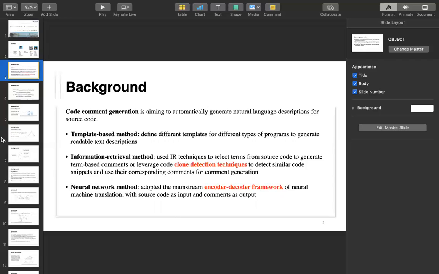We have three types of methods here: template based, information retrieval, and neural network.